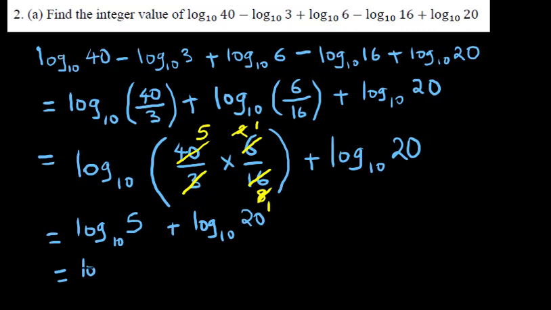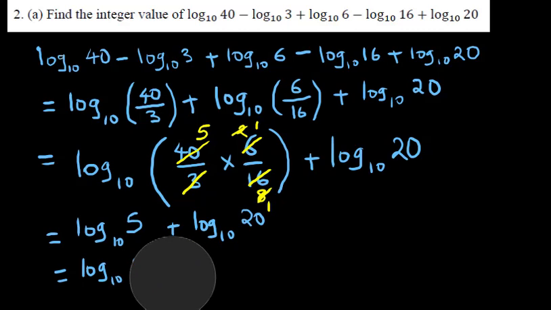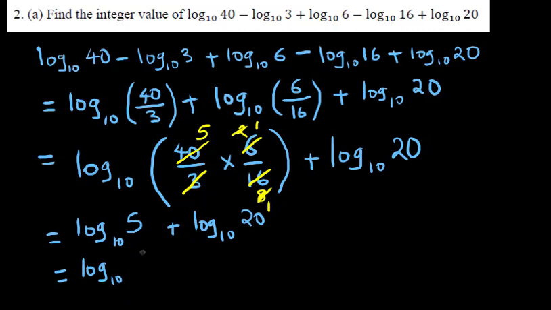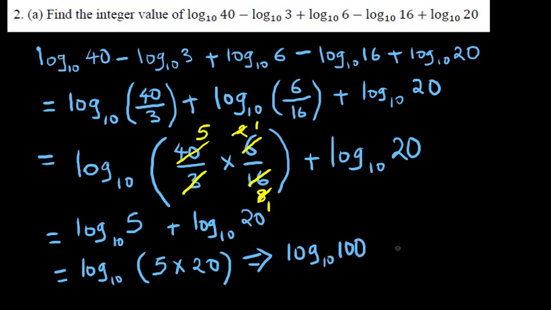Then this also is log base 10 of 100, because 5 times 20, or let's just follow it step by step so that no one is left behind. So this is the same as log base 10 of 5 times 20, and this then equals log base 10 of 100, right?